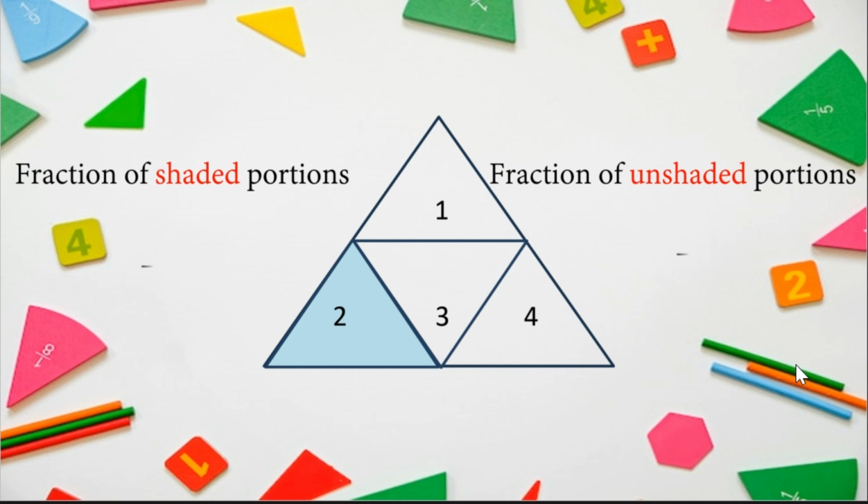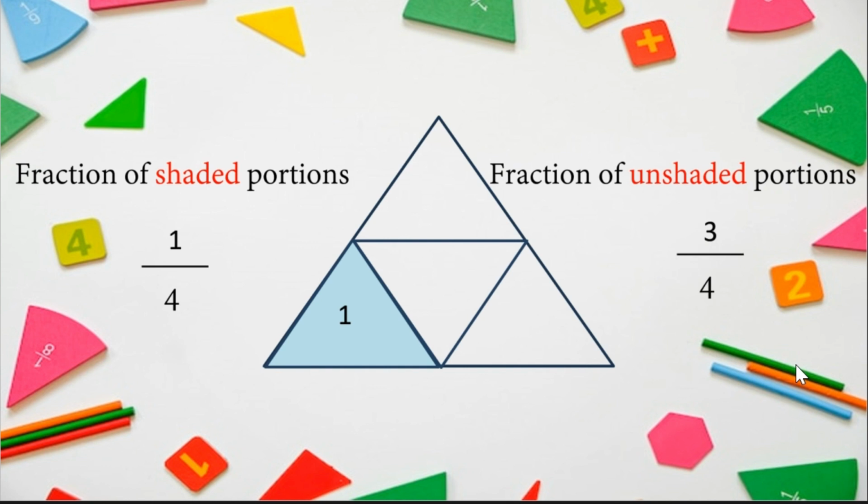That gives the denominator, the lower part of the fraction. For the shaded portion, if you look at this figure, we have only one piece. So 1 upon 4 gives the shaded portion of the triangle. Now the remaining 3 represent the unshaded portion. 3 upon 4 represents the unshaded portion of this triangle.